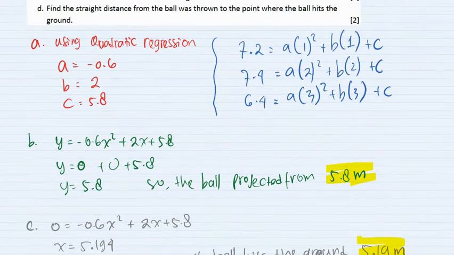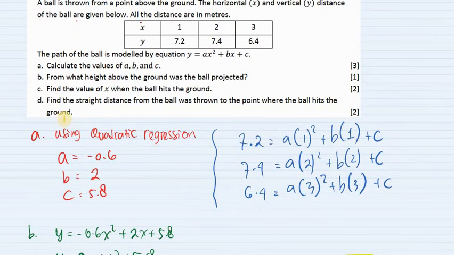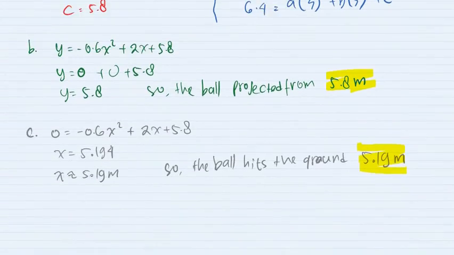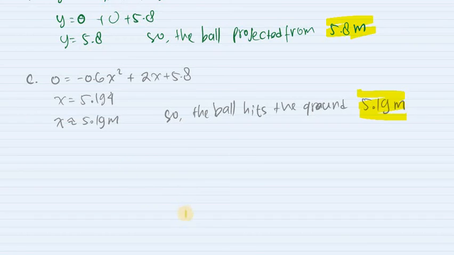Okay, last question. Find the straight distance from where the ball was thrown to the point where the ball hits the ground. Basically, if we draw it, wait, oh yeah, I forgot to say something. This one, yeah, using graph from the calculator.